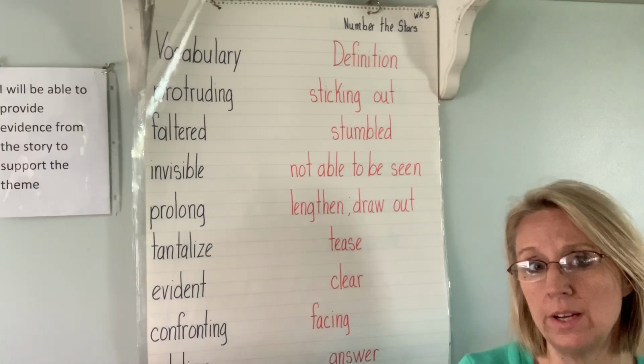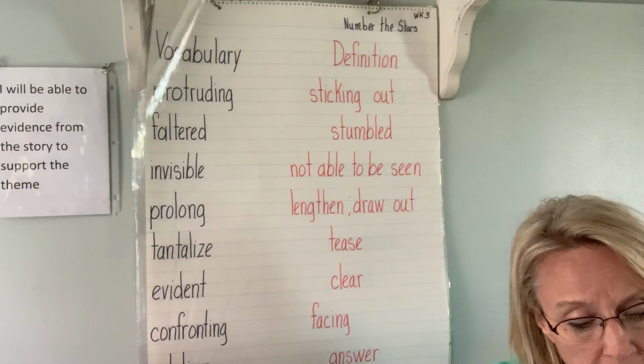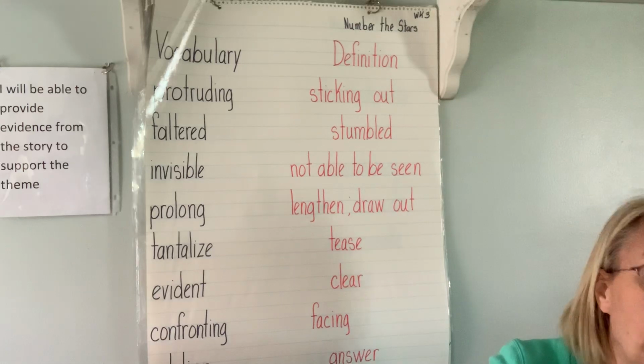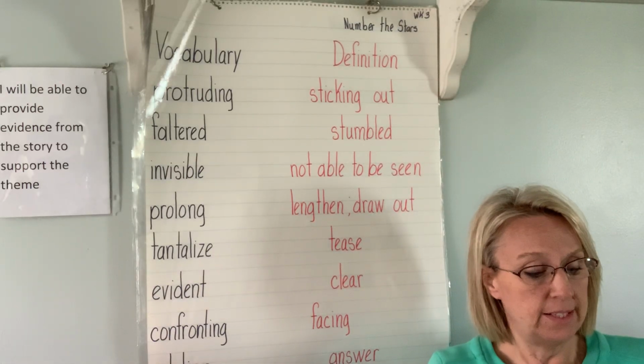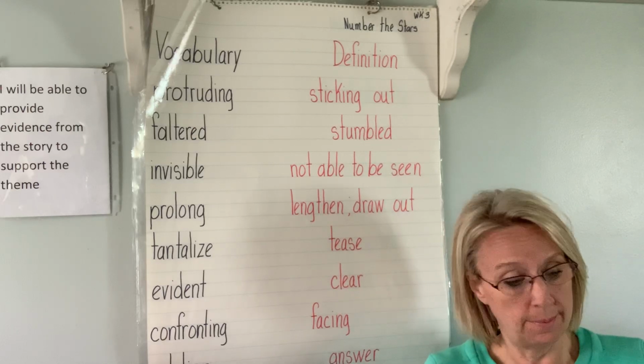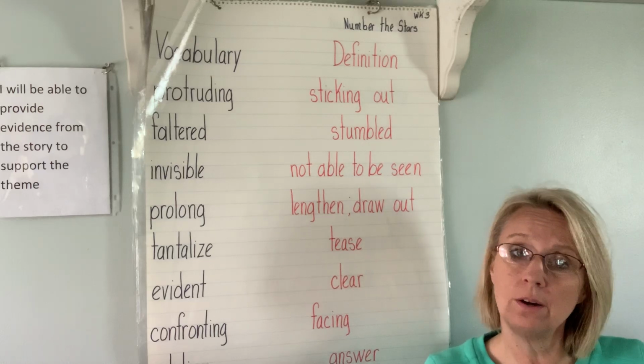I want you to look at your day 4 questions. And I'm going to do like I did yesterday. I think it's a little quicker if I read those for us, okay? Number 1 says, which of the following best describes Anne Marie? Is she alone, angry, sorry, or brave?